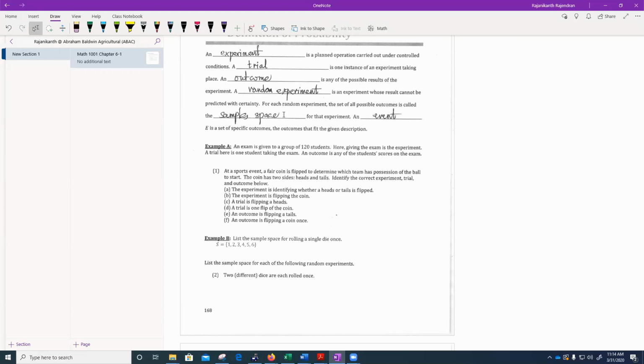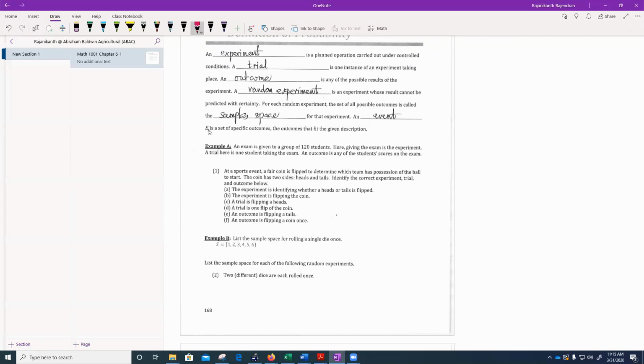So basically, for event, we use a big E. Event is kind of a subset of your sample space. Okay, E is kind of the smaller guy, and the sample space is the biggest one. So if you are asked to find an event, that means you have to collect the outcomes from where? From your sample space.